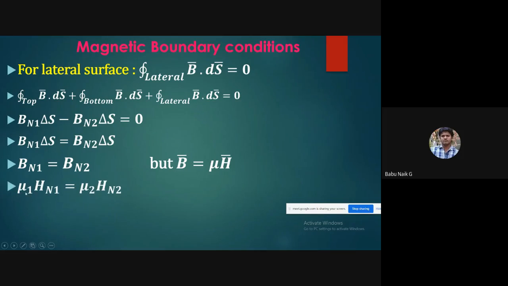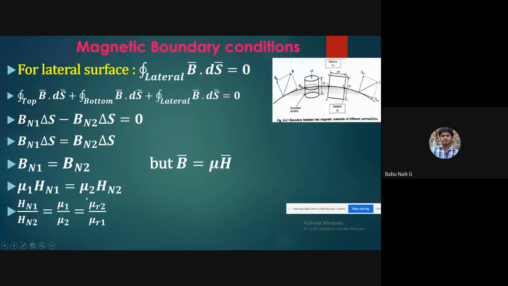So B bar is equal to mu into H bar, and you can substitute here in this equation: mu1 Hn1 equals mu2 Hn2. Further simplifying, Hn1 by Hn2 equals mu2 by mu1. Here mu1 is mu naught into mu r1, and similarly mu2 is mu naught into mu r2. So you get the result as mu r2 by mu r1, in terms of relative permeability.